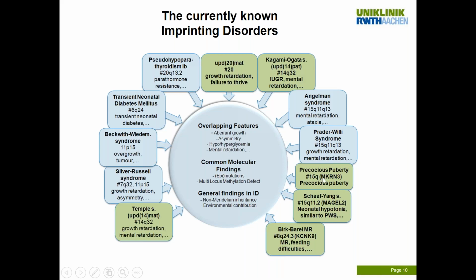And we have some very rare or currently probably undiagnosed imprinting disorders, which are very new, but these here are characterized by monogenic changes, DNA sequence alterations. These syndromes here, precocious puberty, Schaaf-Yang syndrome, they do not show the whole spectrum of molecular alterations, but only show DNA sequence alterations.